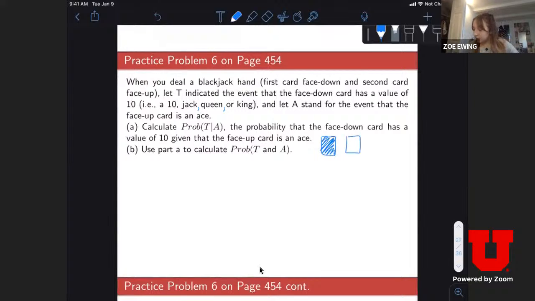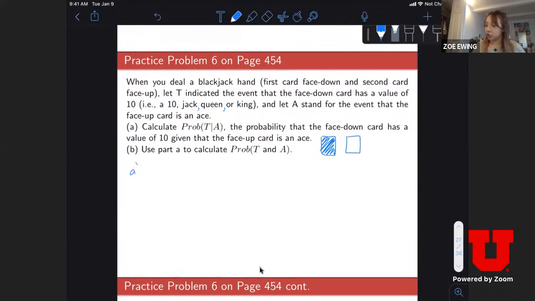T is the event that the face down card has a value of 10, and A is the event that the face up card is an ace. So we want to calculate the conditional probability that the face down card has a value of 10, given that the face up card is an ace.